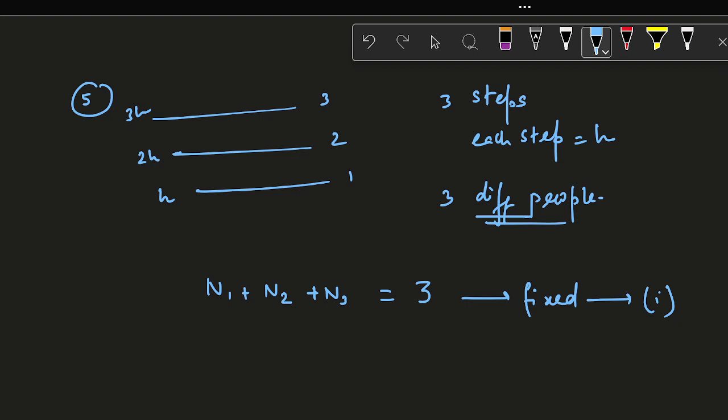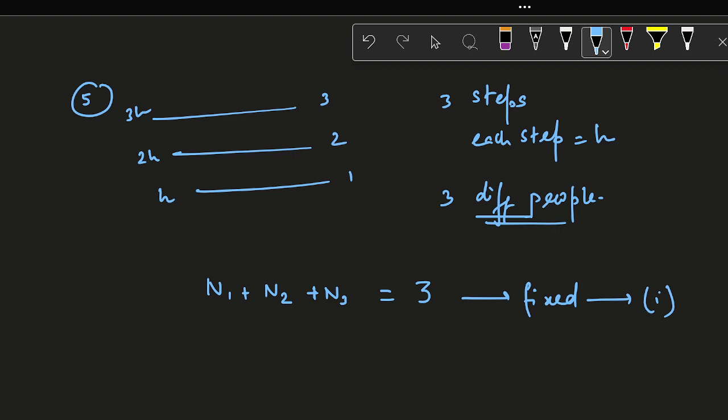If you are on the second step, then the height becomes 2h as you are going higher. In that case, the potential energy for each person will be 2Wh on step 2. And similarly, the potential energy for each person will be 3Wh on step 3, because the height is now 3h. So it is just weight times height.